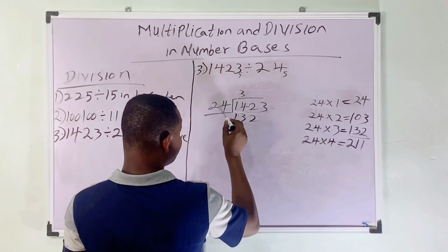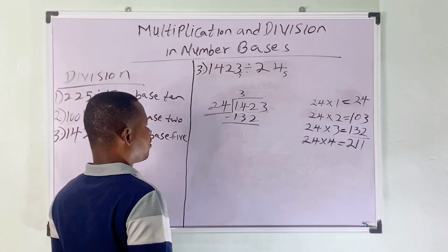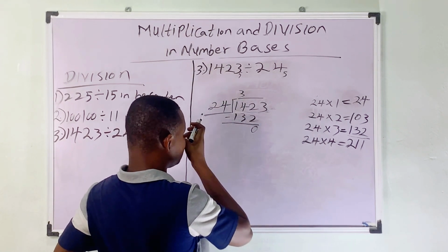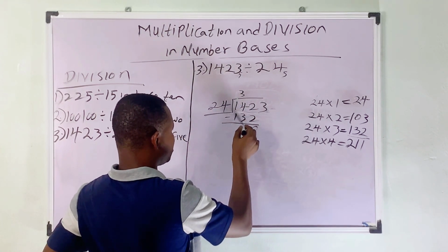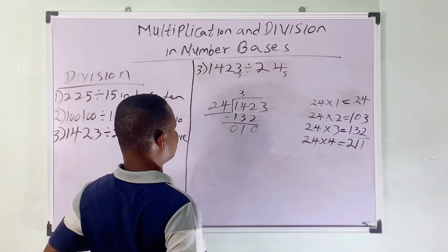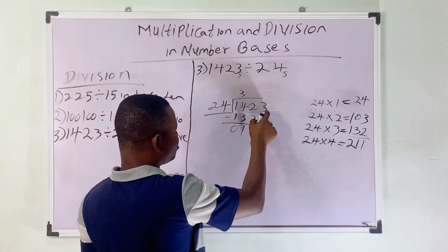We want to determine the remainder. Now let's deduct 132 from 142. 2 minus 2, that is 0. 4 minus 3, that is 1. 1 minus 1, that is 0. So 24 cannot go in 10. We bring down the remaining digit, which is 3.